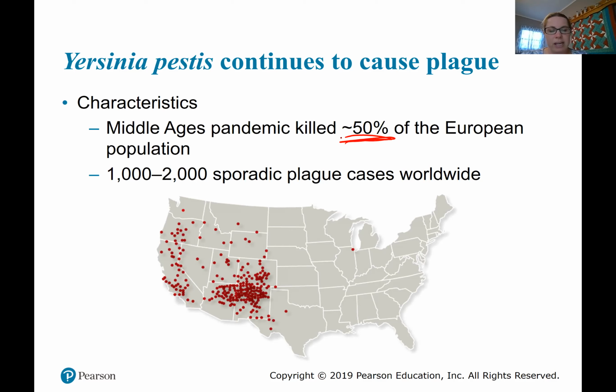There are some sporadic cases that occur worldwide each year. Here are a few cases that occurred in the US. I believe this was 2015, if I remember correctly. You can notice there are a few cases here in Colorado and the Oklahoma Panhandle.